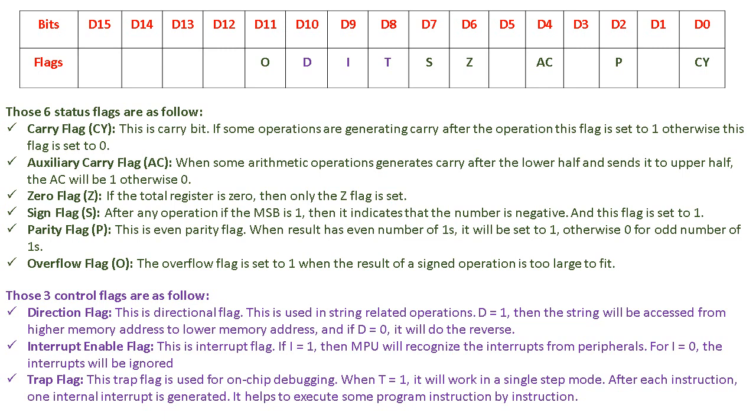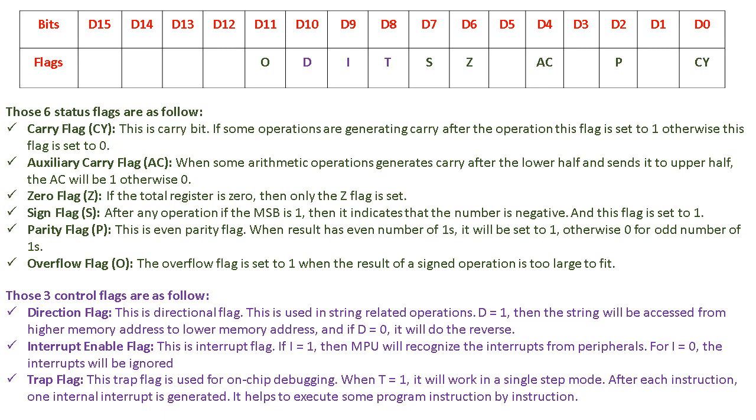So let us understand the interrupt enable flag. This is the interrupt flag. If I equals 1, then the MPU will recognize the interrupt from a peripheral. For I equal to 0, the interrupt will be ignored.